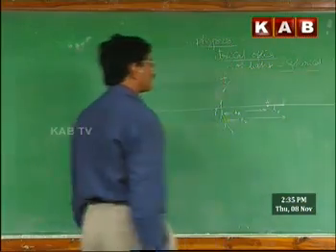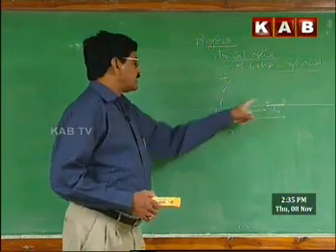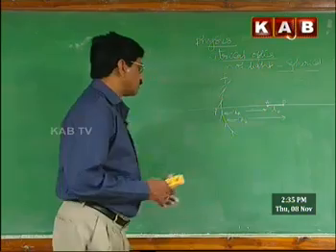Means let the object of length L be along the principal axis, and A is at a distance UA from the pole, B end of the object is at a distance UB.